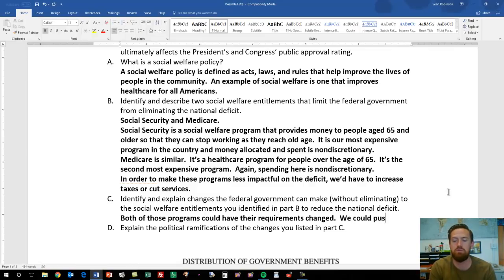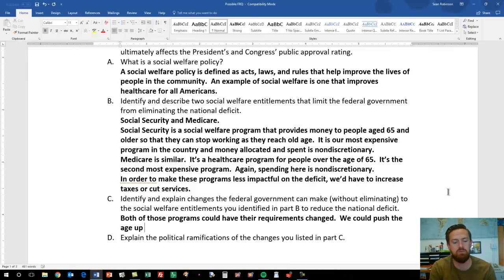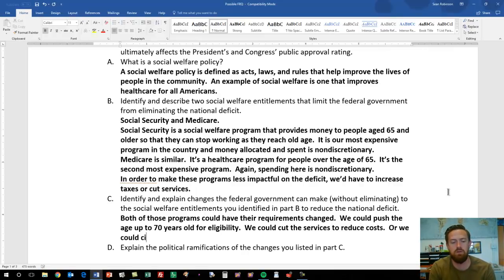We could push the age up to 70 years old for eligibility. We could cut the services to reduce costs, or we could increase taxes. That's not a very good complete sentence.